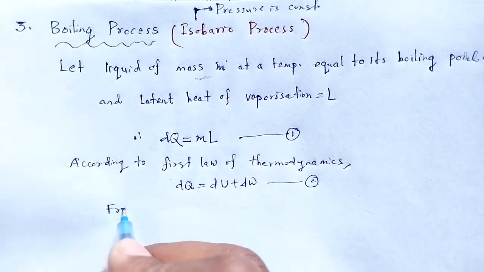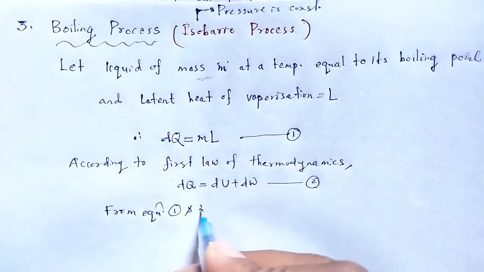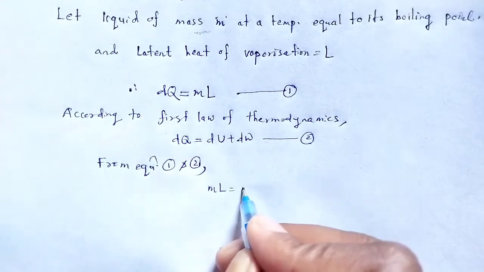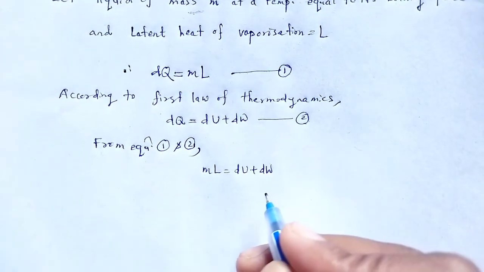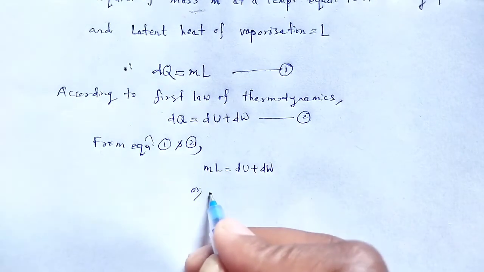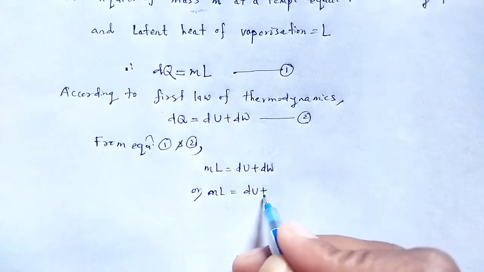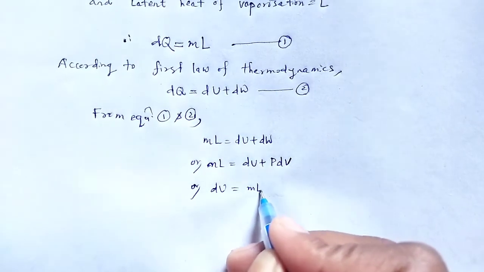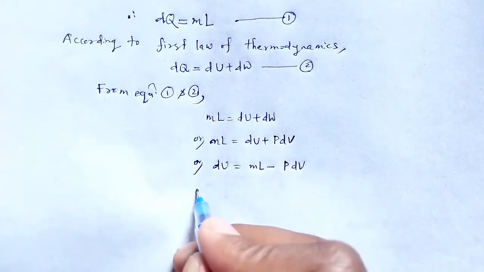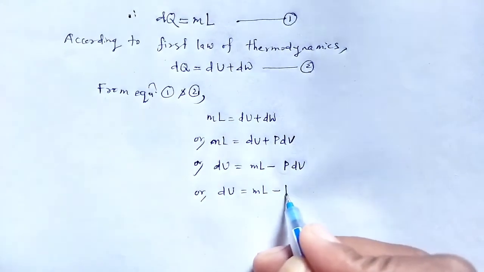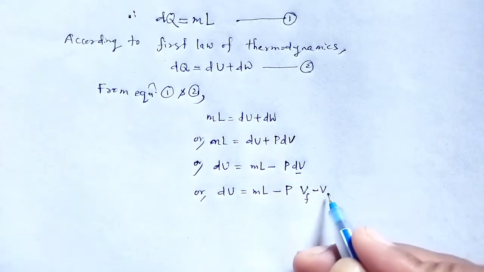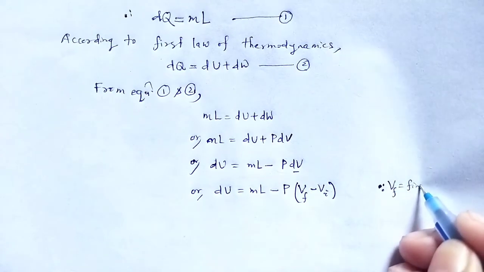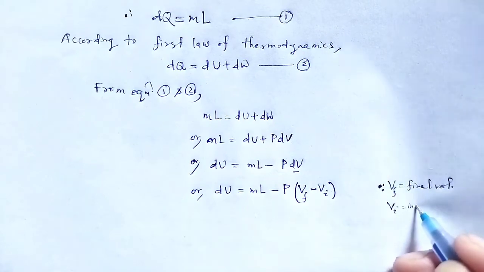Now from equation 1 and 2, mL is equal to dU plus dW, or mL is equal to dU plus P dV, or dU is equal to mL minus P dV. The change in volume is written as Vf minus Vi, where Vf is the final volume and Vi is the initial volume.